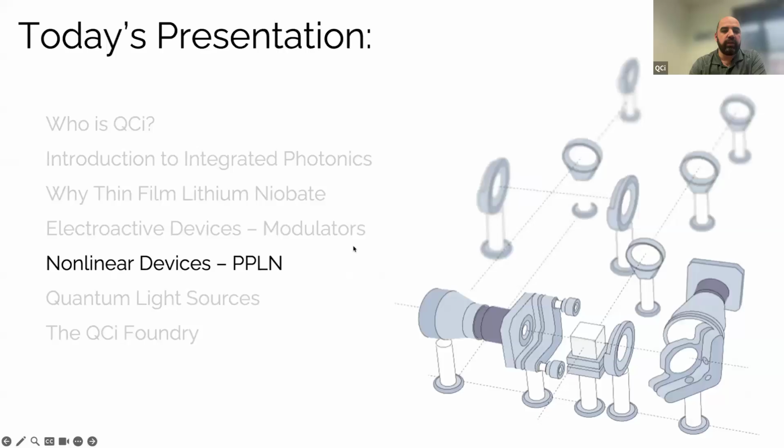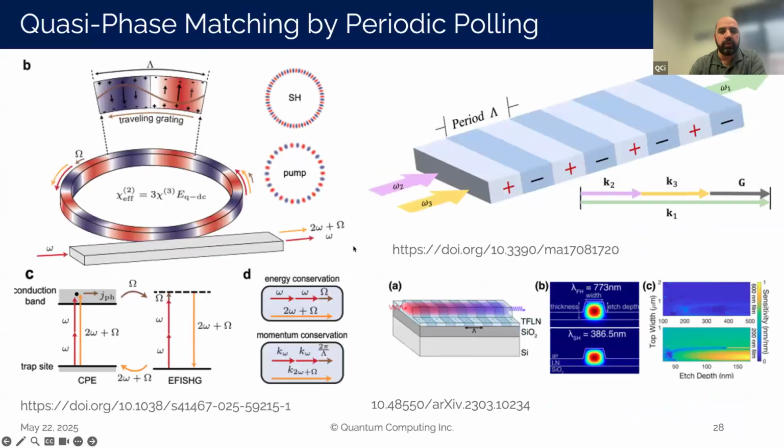So the second area of interest for making TFLN devices is to use TFLN for nonlinear optics. And the types of devices that are really interesting for this purpose are the so-called PPLN, periodically poled lithium niobate. So periodic poling, again, is not a new technique. That's something that has been around for decades.